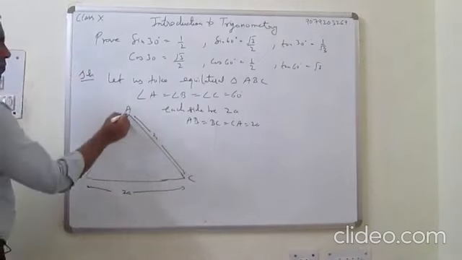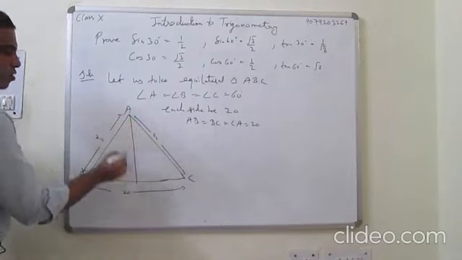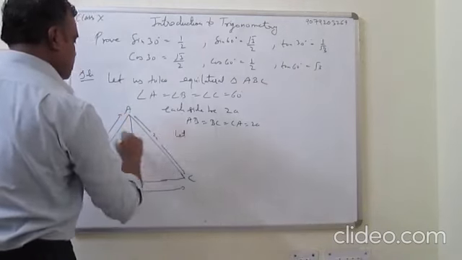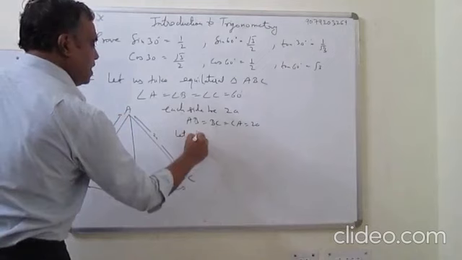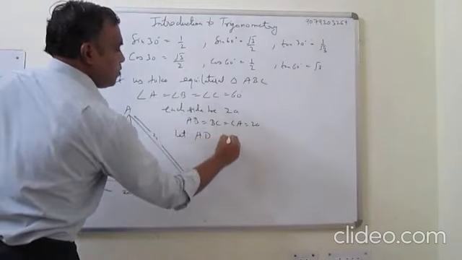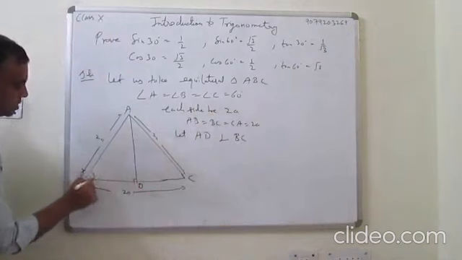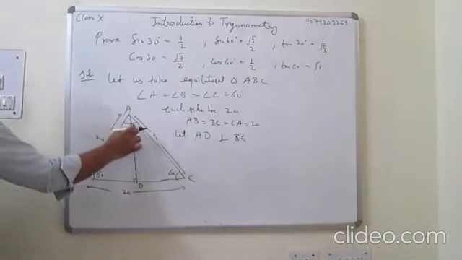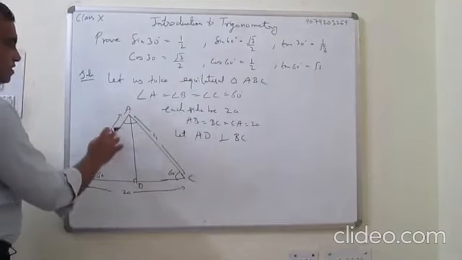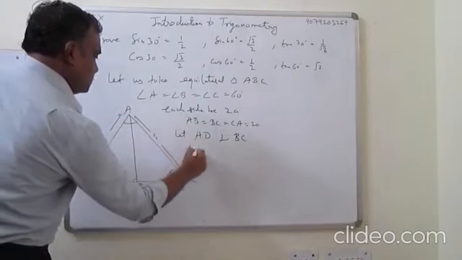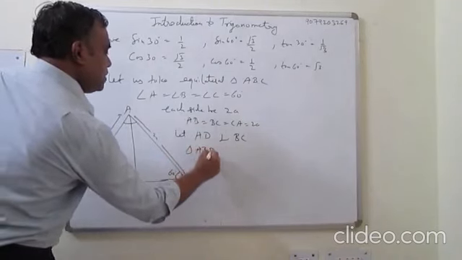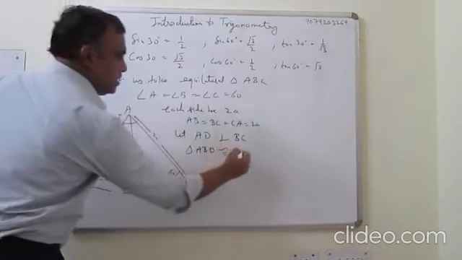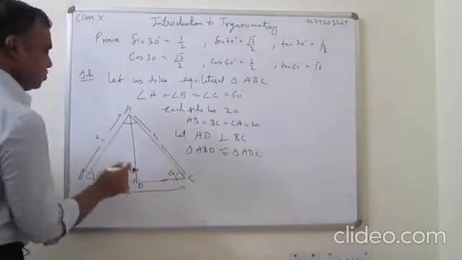Now let us drop a perpendicular from the vertex A to the side BC and call it D. Let AD be perpendicular to BC. This is 60 degree, this is 60 degree, and these two angles are equal. We see that triangle ABD is congruent to triangle ADC, by which rule?